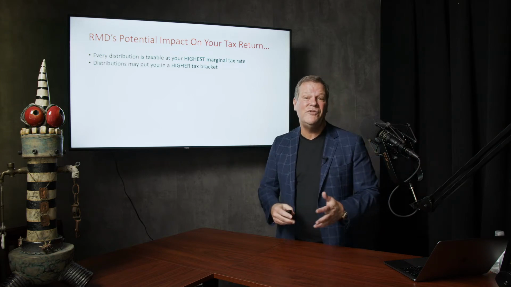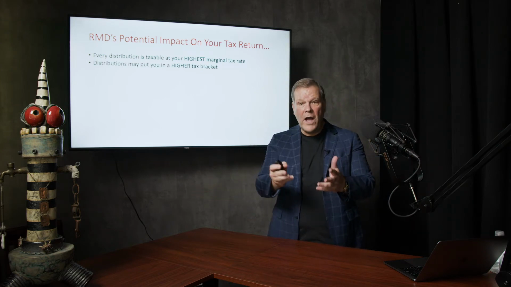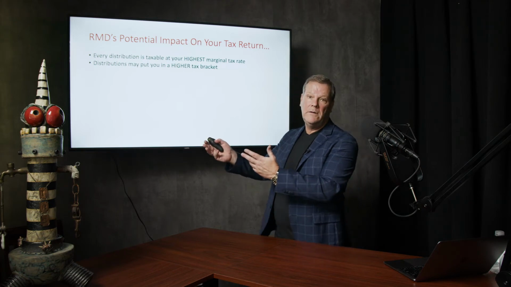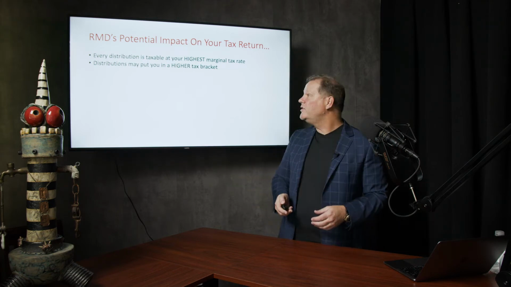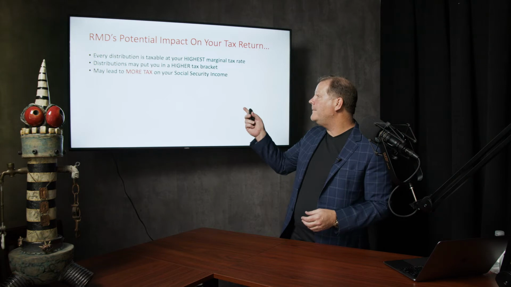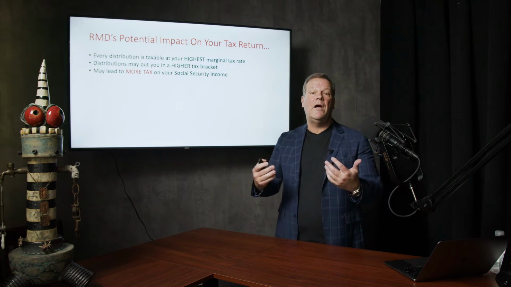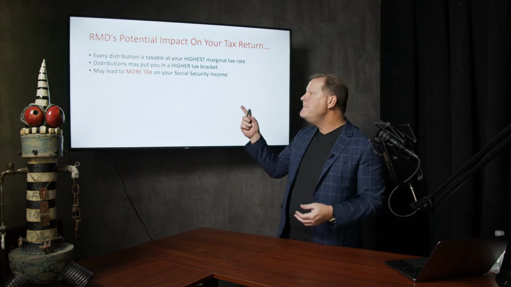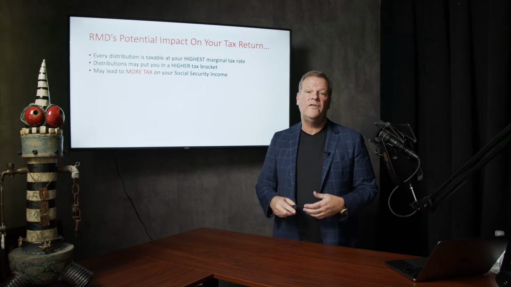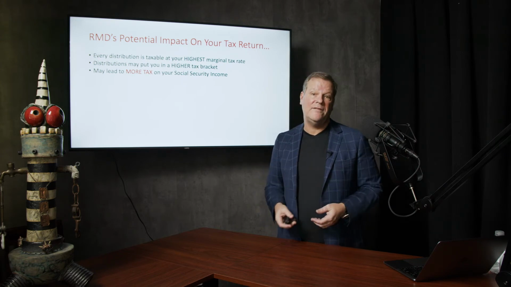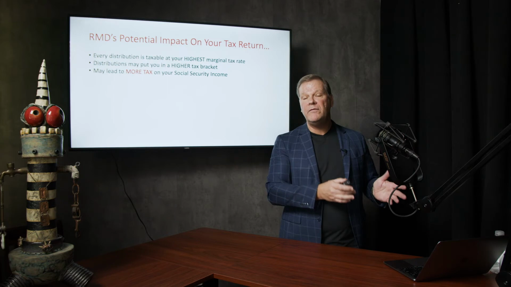Sometimes it might put you in a higher tax bracket. It's like, oh no, I took money out, now it put me in a higher tax bracket. We're just getting started, because here's the thing. When you take money out of a retirement account, many times it forces you to pay more tax on your Social Security than you were paying before.